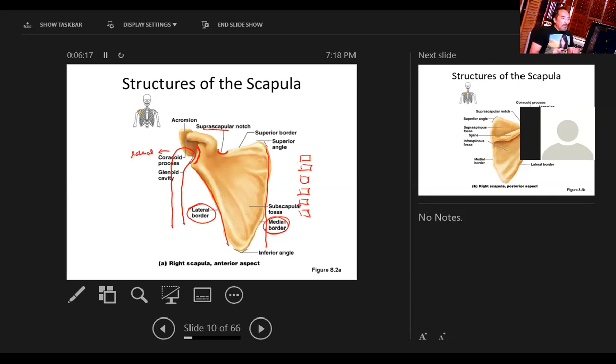If I know this is superior, then this is my inferior part, okay? So I have angles: inferior angle, superior angle, and this is my lateral angle right here.